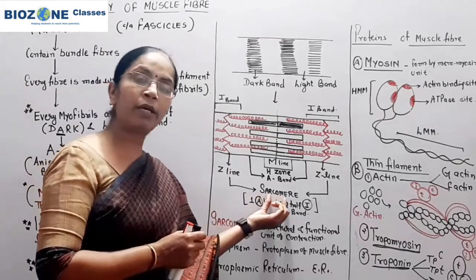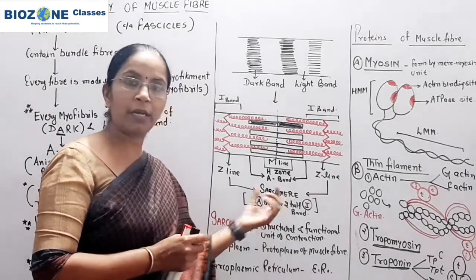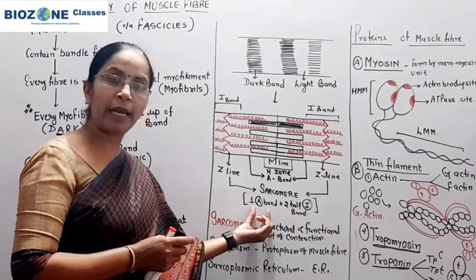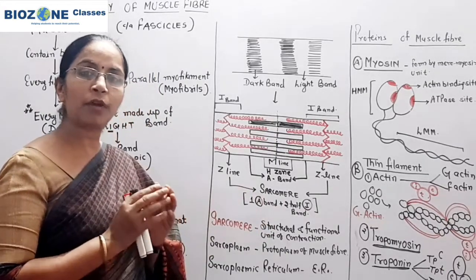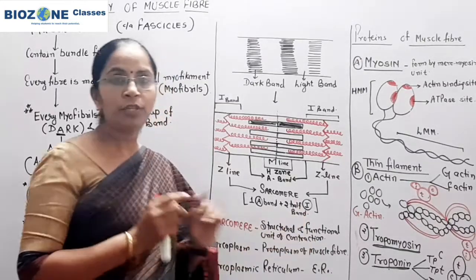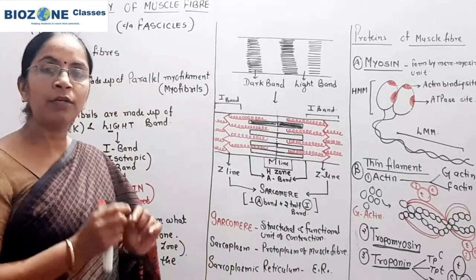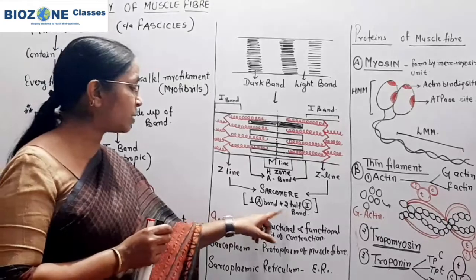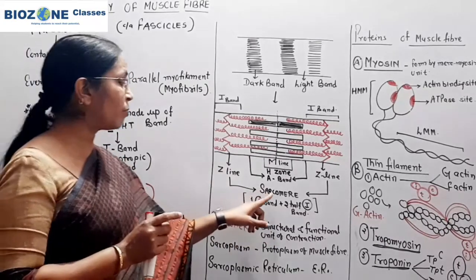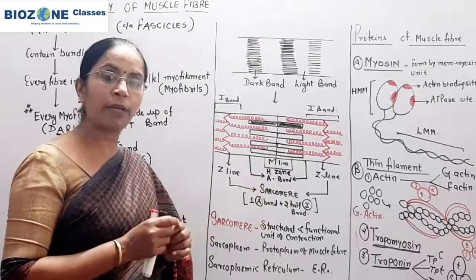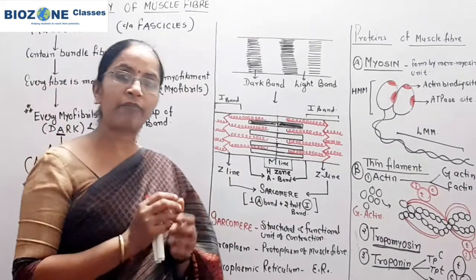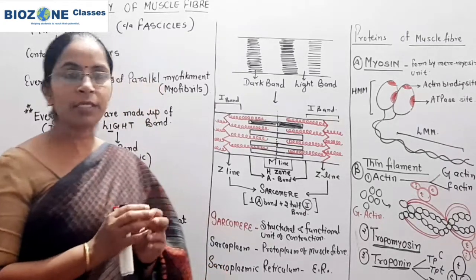So a sarcomere consists of a single A band, or one complete A band, and two half I bands. This part you remember very well: the two half I bands and one complete A band combine to form a sarcomere. What is a sarcomere? A sarcomere is the structural and functional unit of muscle contraction.